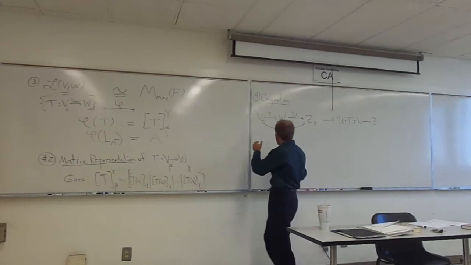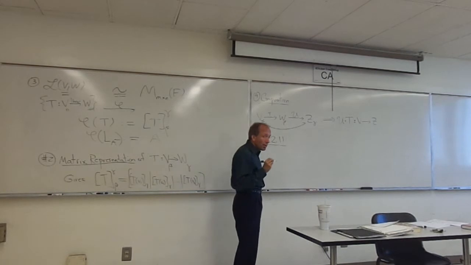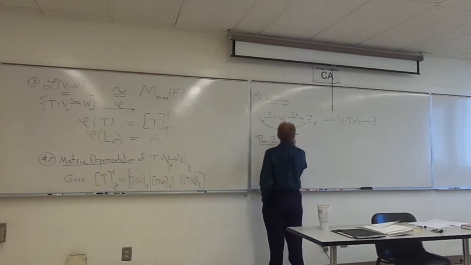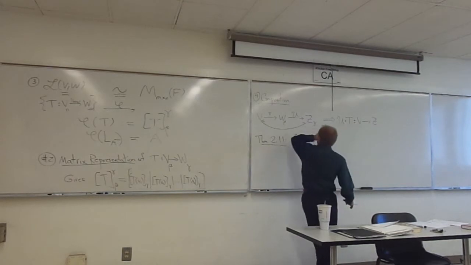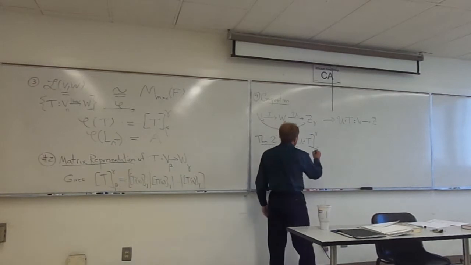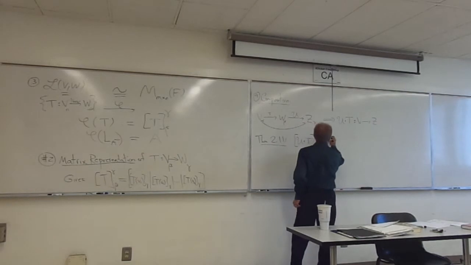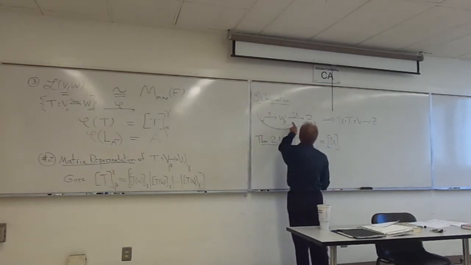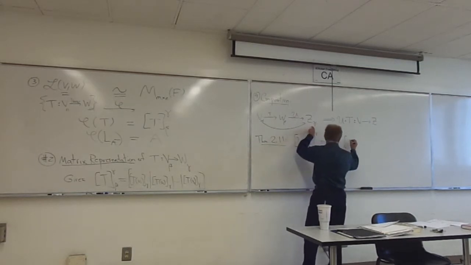So the theorem that you want to know, which is Theorem 2.11, tells us that the matrix representation of U composed with T, which goes from V to Z, so that means we're going from alpha to gamma, is equal to, does everybody remember, the matrix of U from beta to gamma times the matrix of T from alpha to beta.